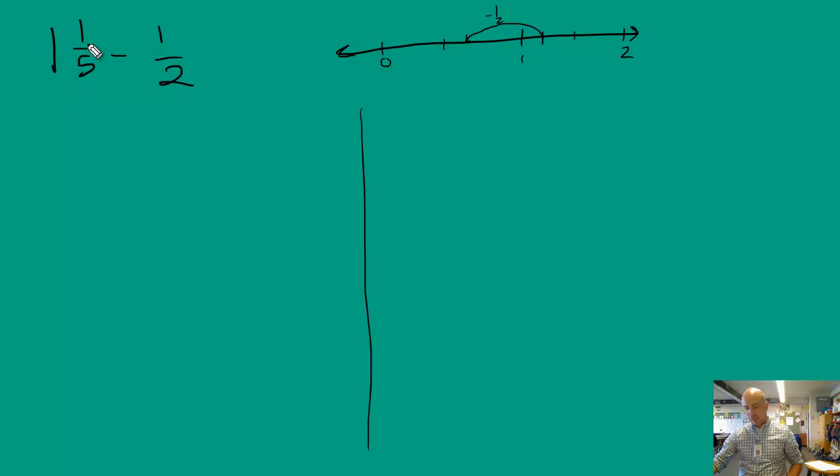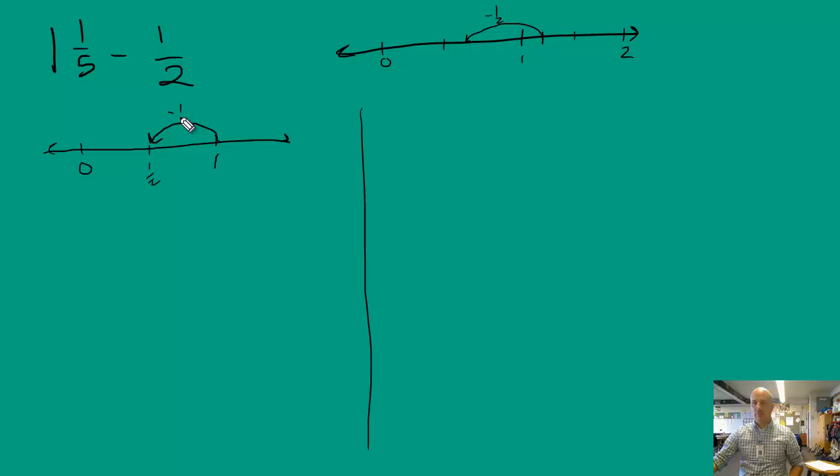To give you a visual here, I have a 0. I have my 1. If I started out with my whole and I subtract my half, bink, I end up here at the 1/2 mark.